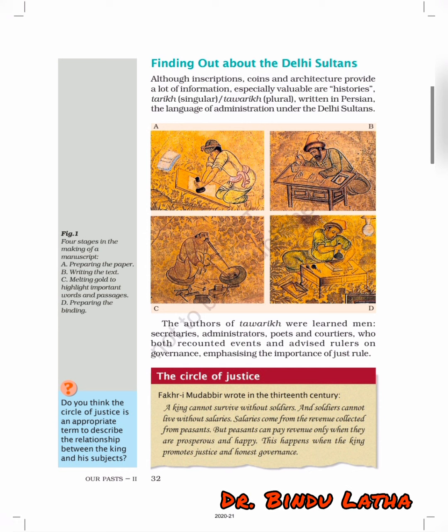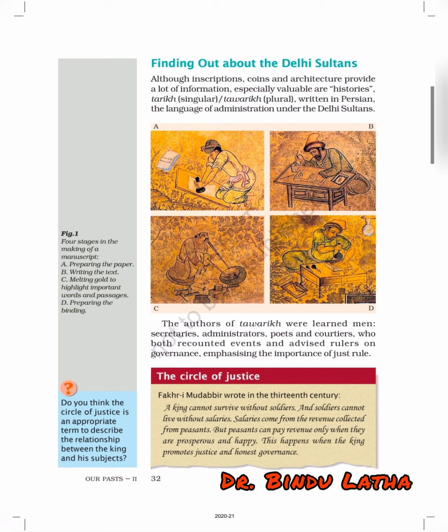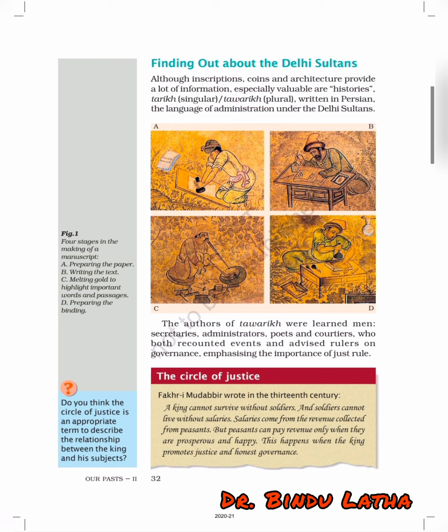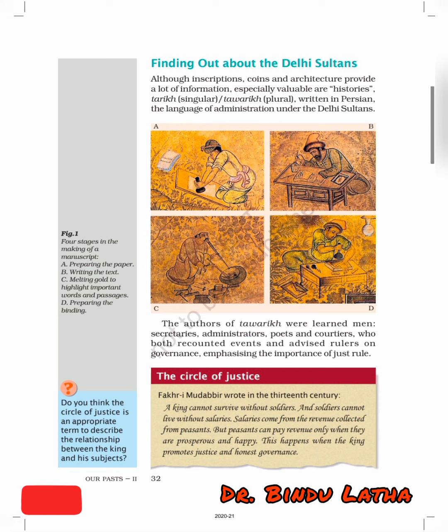The writers of these histories were learned men. They wrote for getting rewards. Among the writers, gender distinctions and birthright had a lot of influence. But some were different from this.